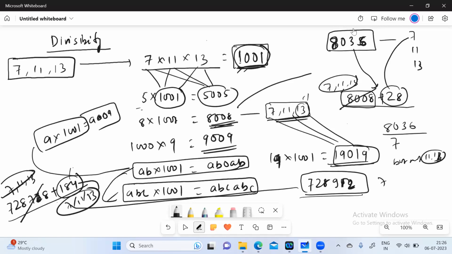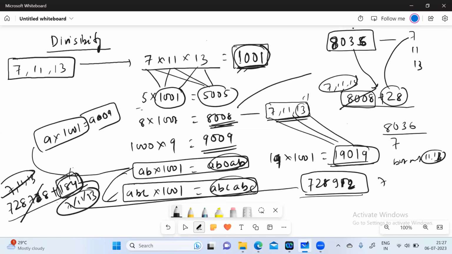Yes, sir. So it will depend on the part which is extra. Whatever extra is there, you can check with that whether the number is divisible by 7, 11, or 13, or maybe with 2 of them, or maybe with all 3 of them, or none of them, or any one of them.